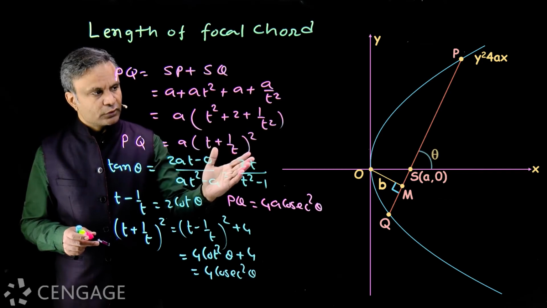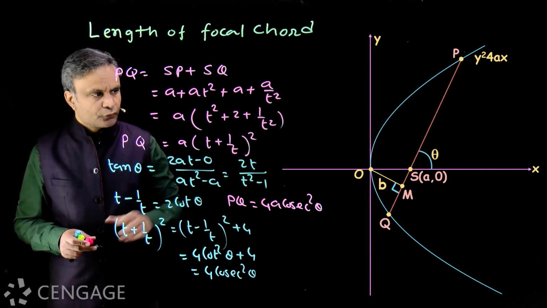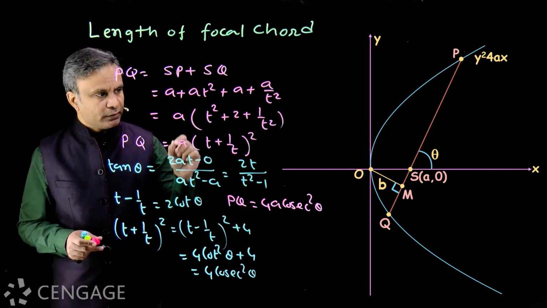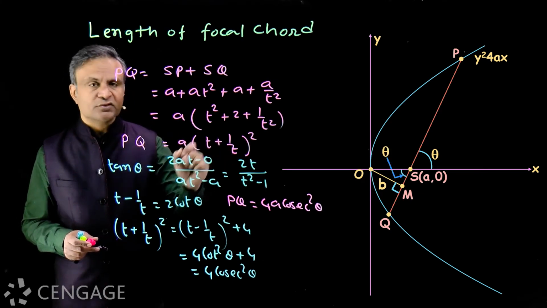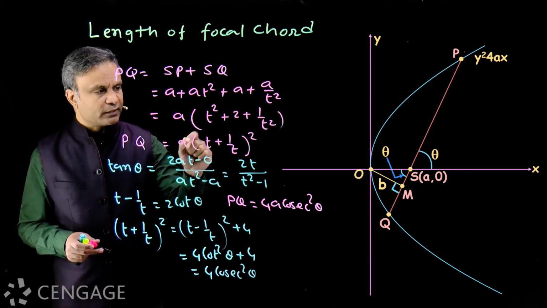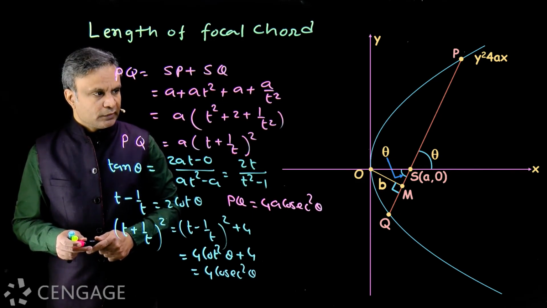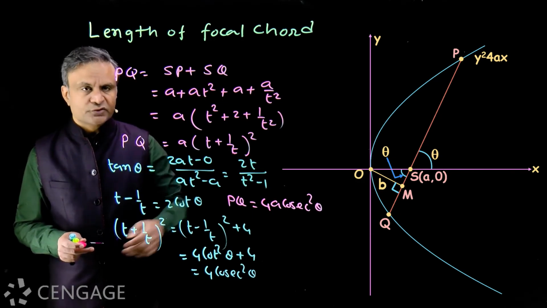Suppose inclination of focal chord with positive x-axis is theta. So from the diagram, angle OSM is also theta. In triangle OMS, angle OSM is theta. ठीक है ना? Now we can get value of angle theta from this triangle.